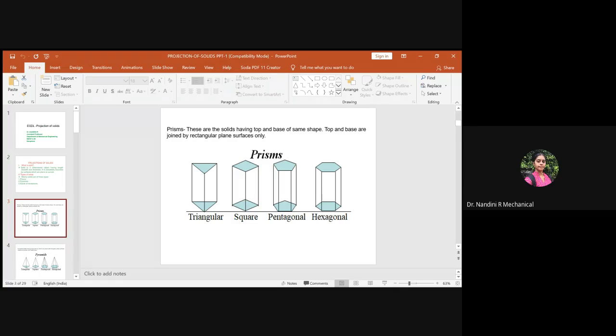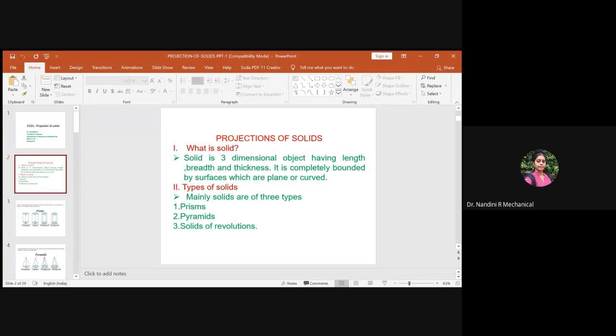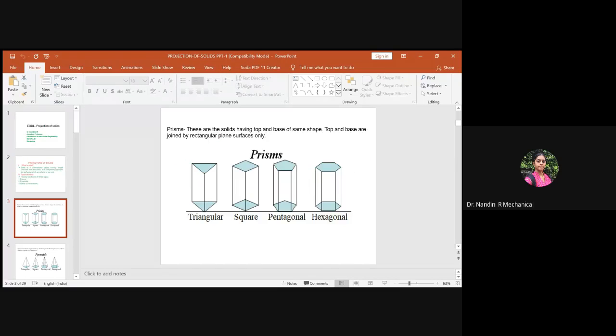What do you mean by a prism? I told you that any solid will be bounded by a plane or a curved surface. So first understand that. In case of a prism, you will have a top surface and a bottom surface of the same shape. But these top and bottom surfaces will be bounded by rectangular plane surfaces.